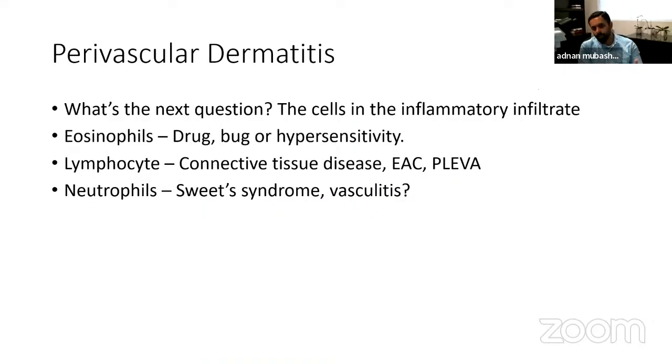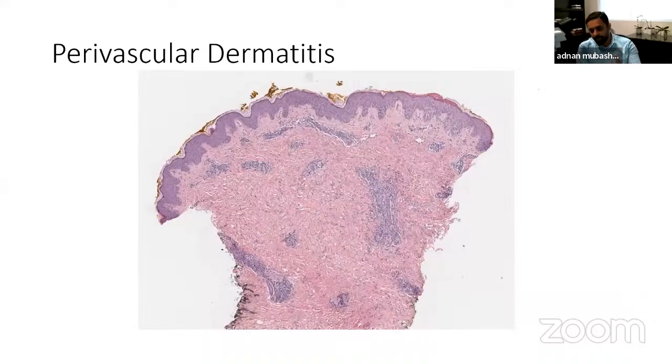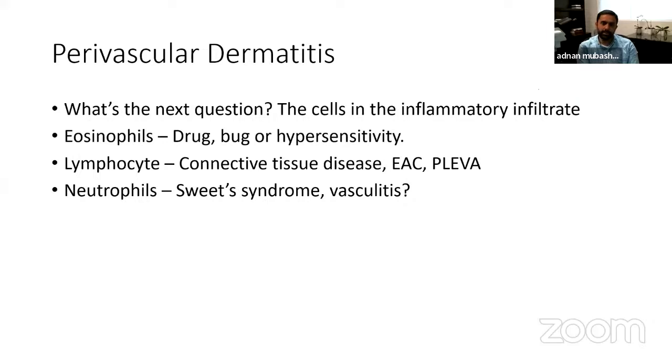And then you ask the next question, what is present in that infiltrate? Are they all lymphocytes, eosinophils, neutrophils, plasma cells? What are those cells? Depending on what cells you find in that inflammation, again, you will come down to a small subset of differential diagnosis.